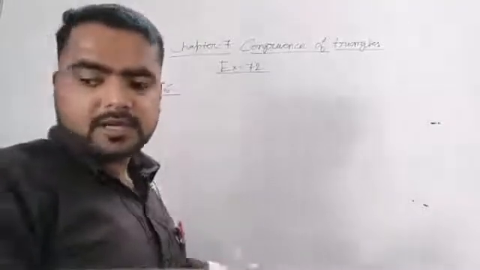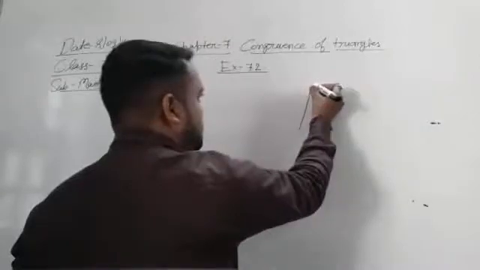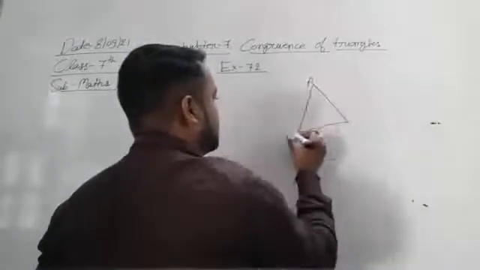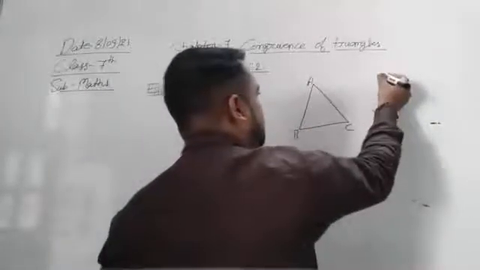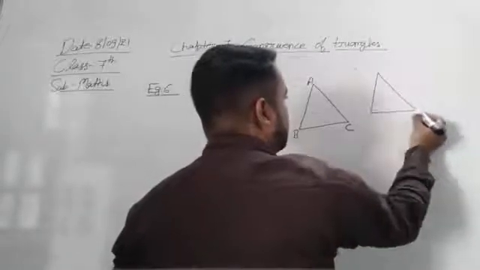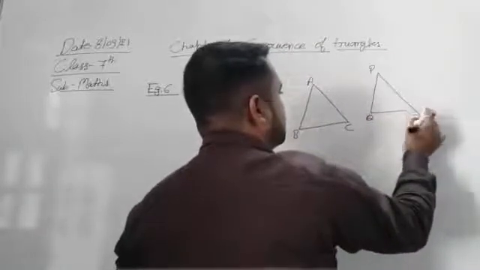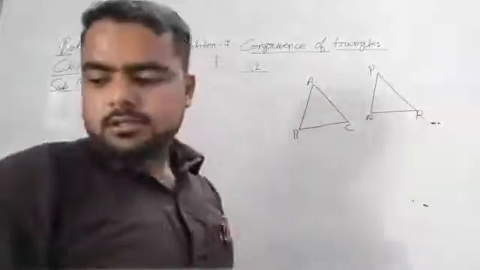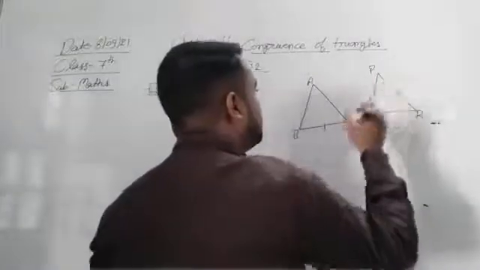So here we have the two triangles, triangle ABC and triangle PQR, and it is given that BC is equal to RP.